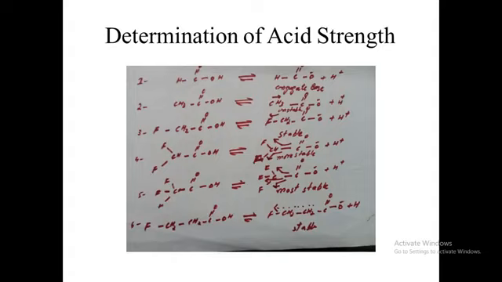That's why trifluoroacetic acid is the strongest acid that we have discussed so far. So if you arrange these acids, the strongest one is trifluoro, then difluoro, then fluoro, then formic acid, and at the last will be acetic acid.